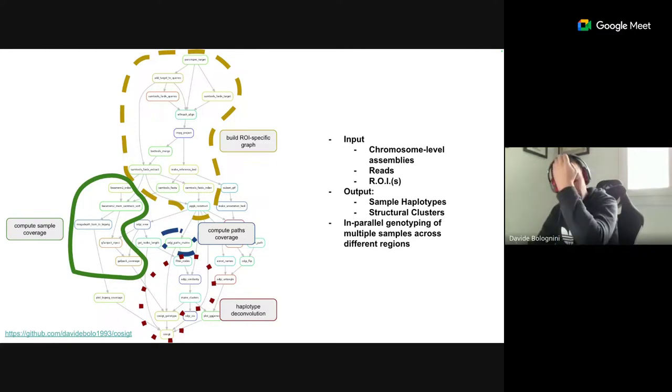The cool thing about having everything implemented in a workflow language is that it's easy to genotype in parallel. That is, we can do what I'm describing now for a single region across many regions and many samples at the same time, which is pretty convenient if we want to scale to biobank scale, with many samples and many regions.